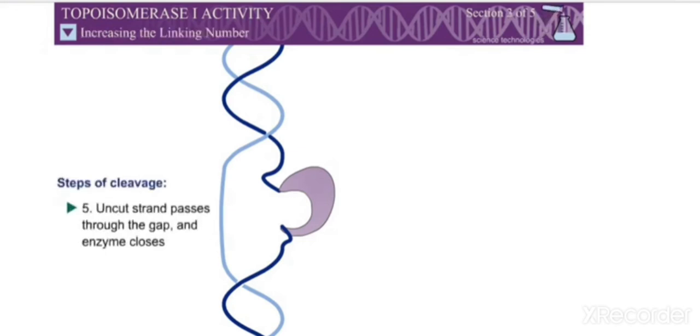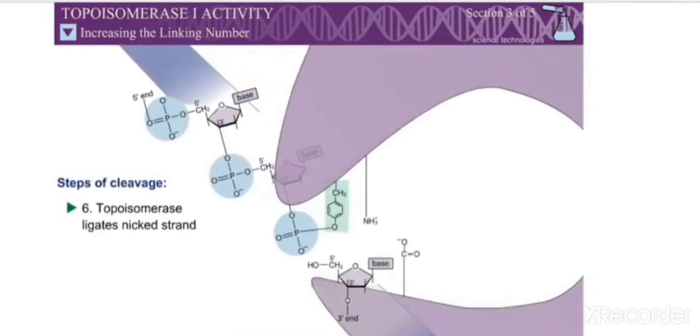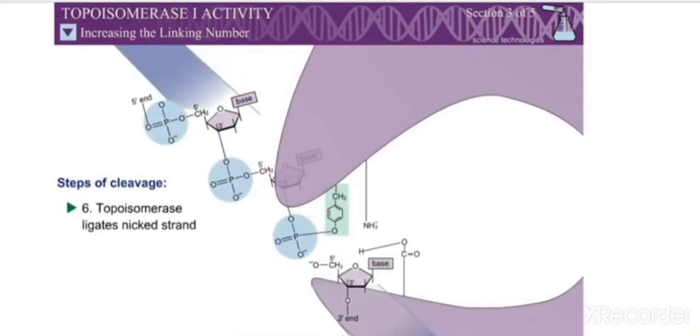The uncut strand then passes through the gap, binding to a pocket in the middle of the enzyme. Binding this strand causes the topoisomerase to change conformation again, closing the gap in the nicked strand. The topoisomerase then ligates the nicked strand by reversing the cleavage reaction.